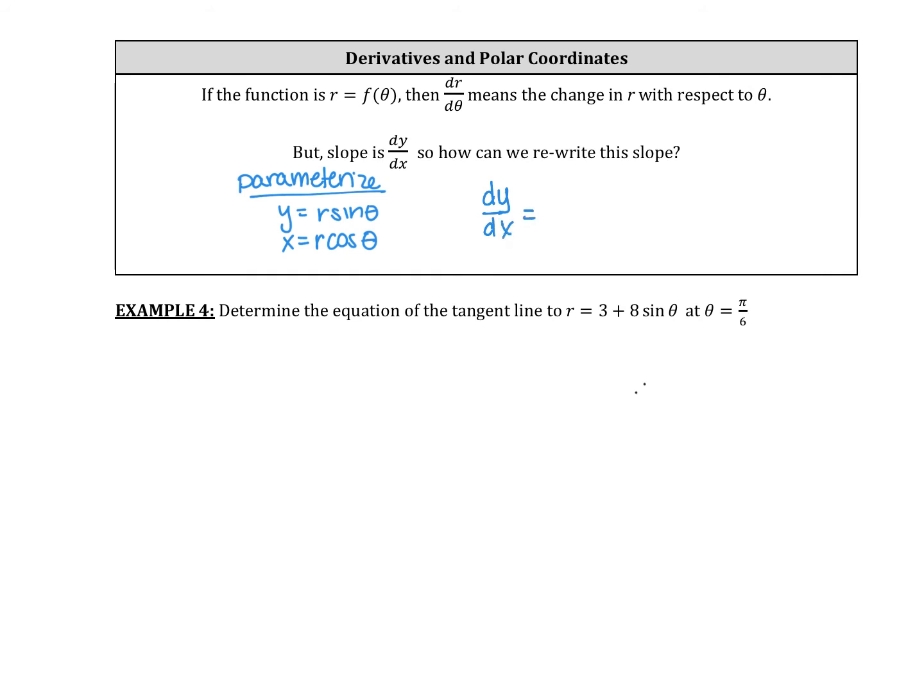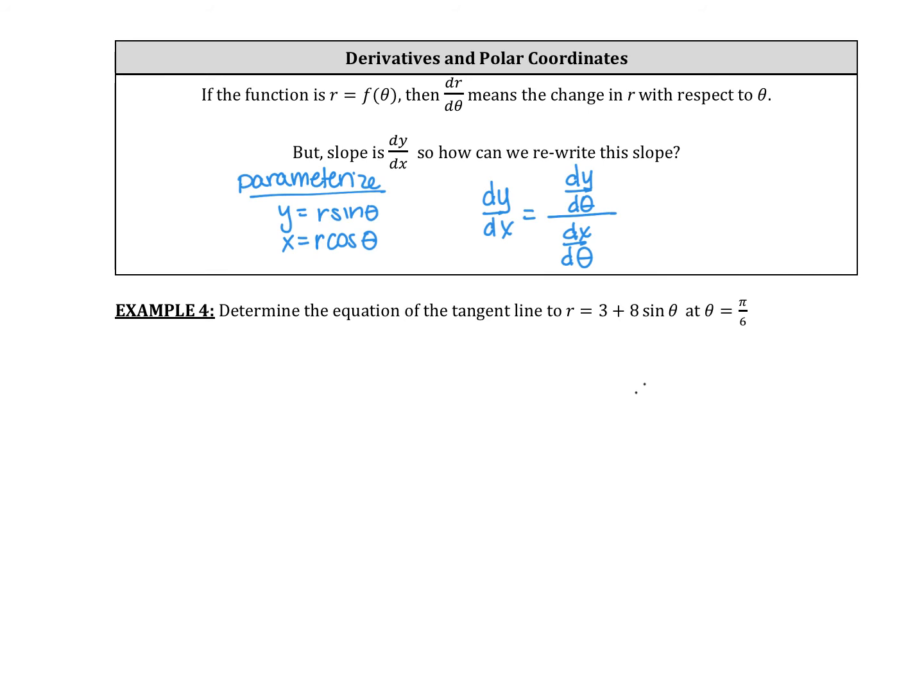Using the idea of the parametric equations that we did before, can we rewrite dy dx to be dy d theta over dx d theta? Will that give me the same result? So now I need a y function in terms of theta, and I need an x function in terms of theta, because when I divide those two, I will be able to find my slope dy dx.